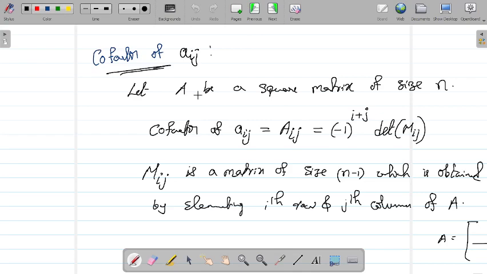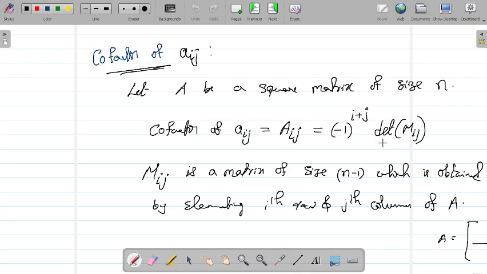Then we define the cofactor of an element in a matrix. If you take a particular element, the ijth entry, its cofactor is the determinant of the matrix after removing the ith row and jth column.